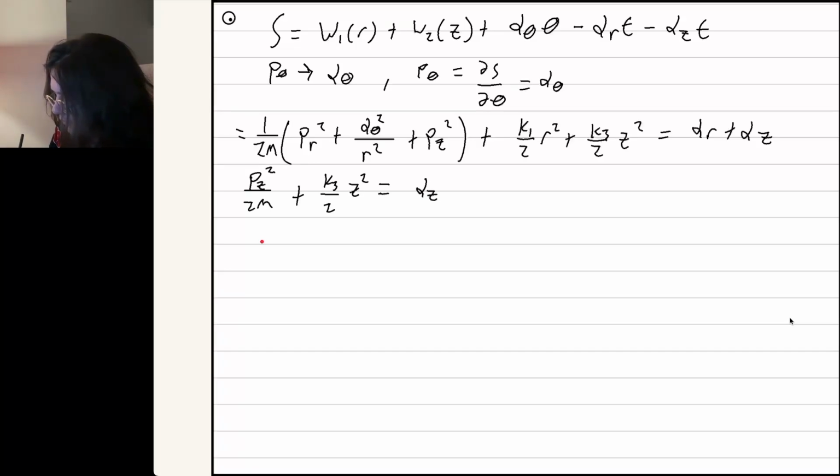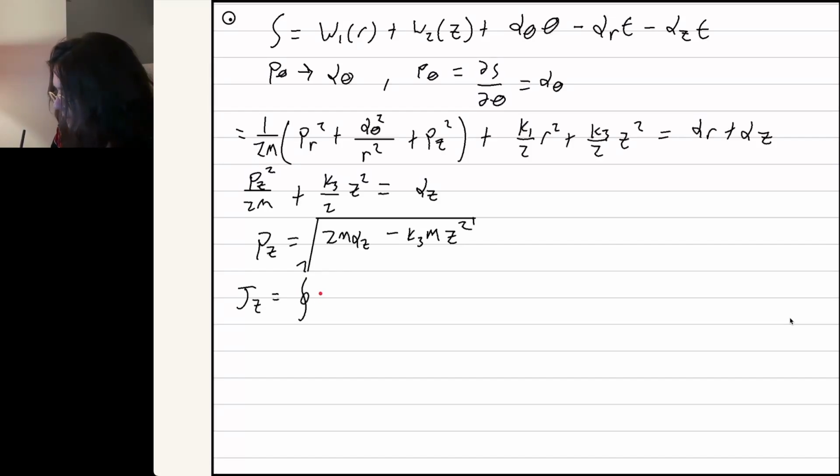We can solve for pz, which will give us the square root of 2m alpha z minus k3 m z squared under a radicand. And then the action Jz will just be the closed loop integral of pz with respect to z.